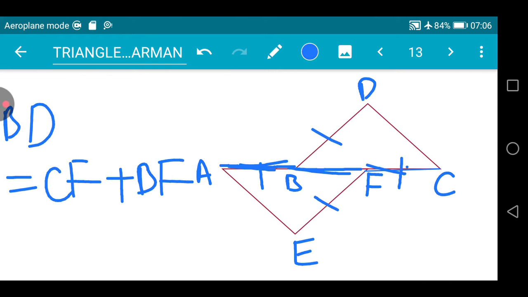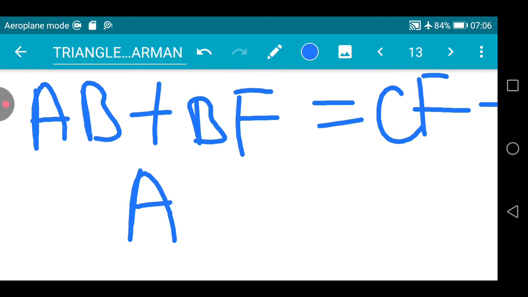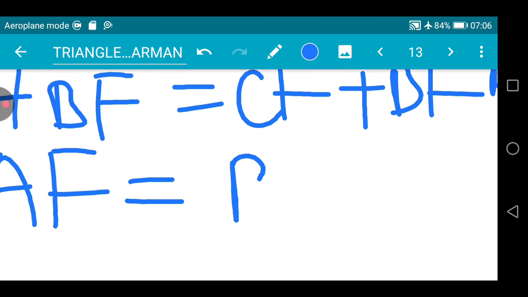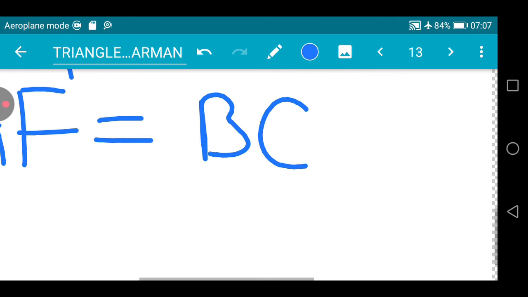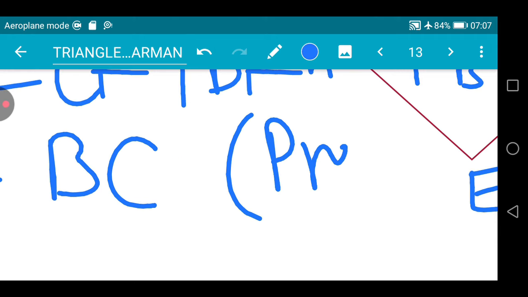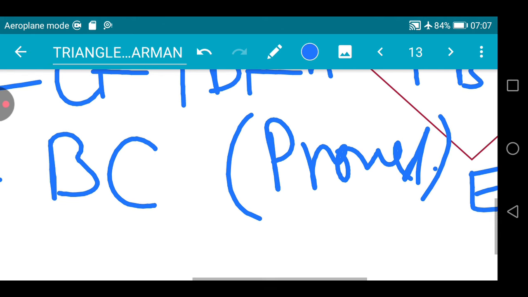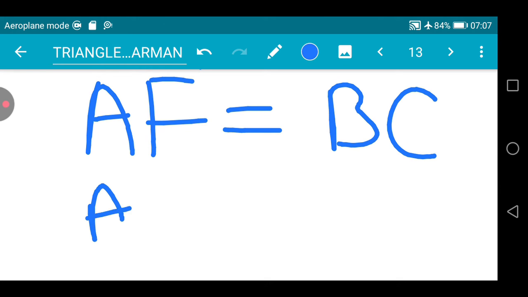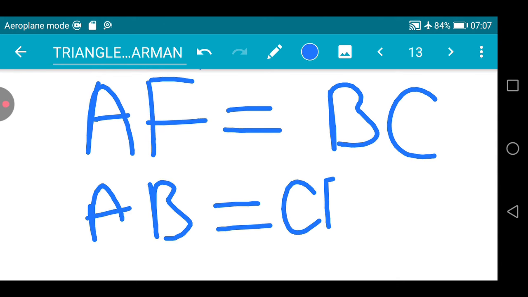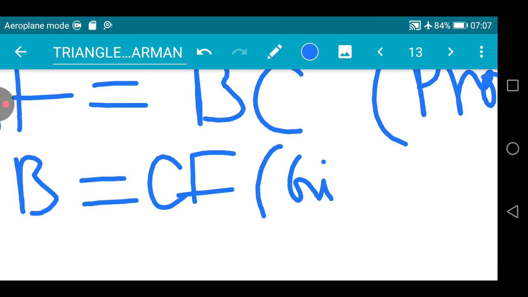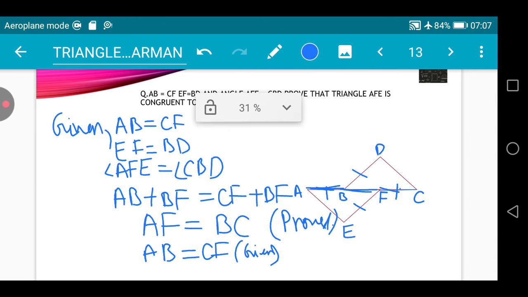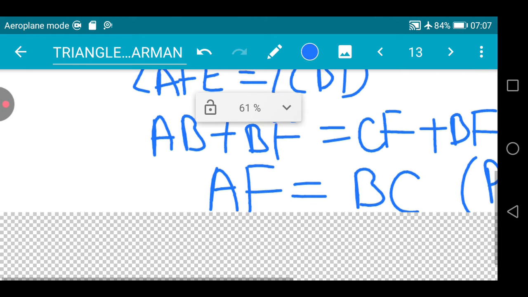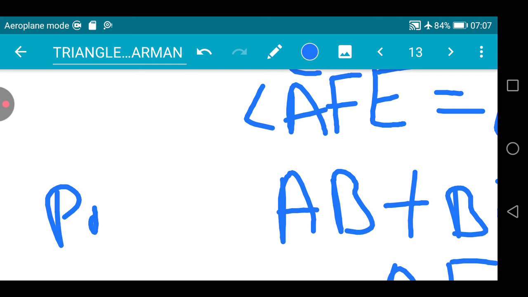AB plus BF will be AF, and CF plus BF will be BC. This is what we had to prove. Proved. And AB equal to CF is given. From here we start the proof.